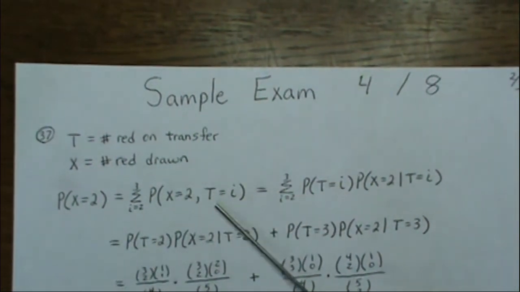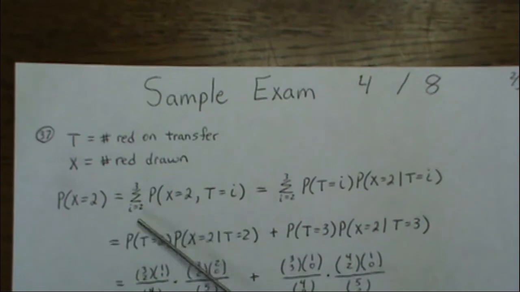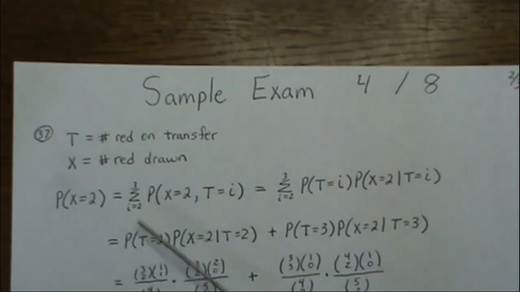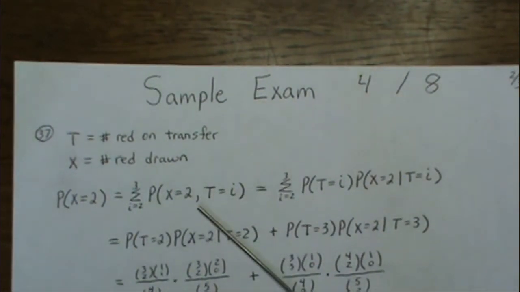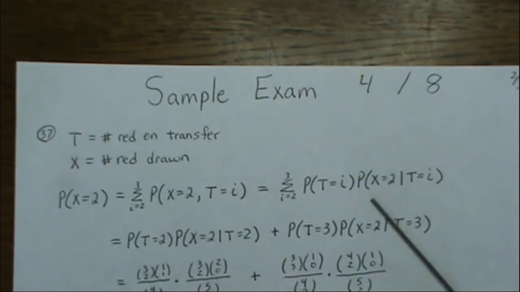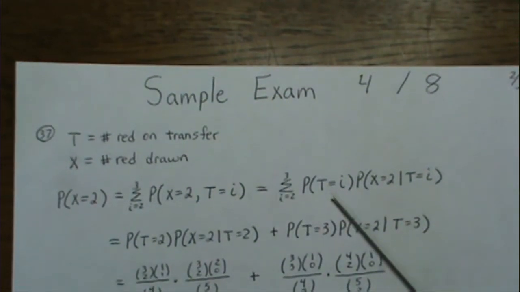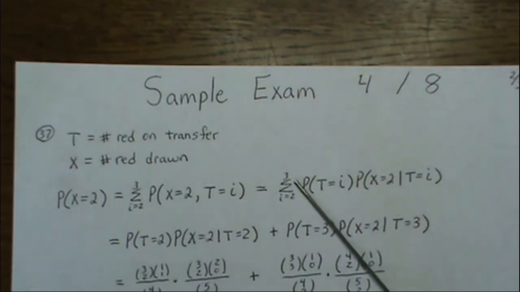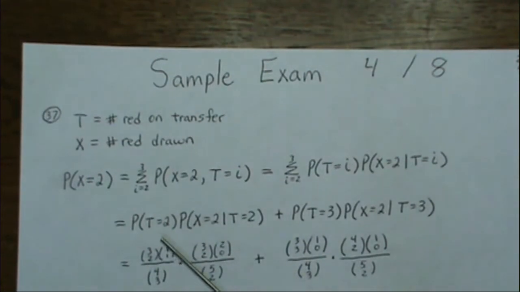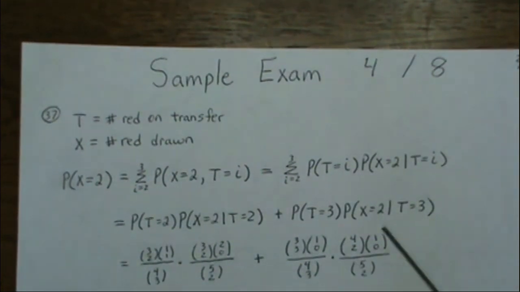Well, if we introduce a variable and then sum over all possible values, it doesn't change anything. But this allows us to write it as a conditional probability, and these we know. So when we sum from t equal 2 to 3, we get this piece and then this piece.